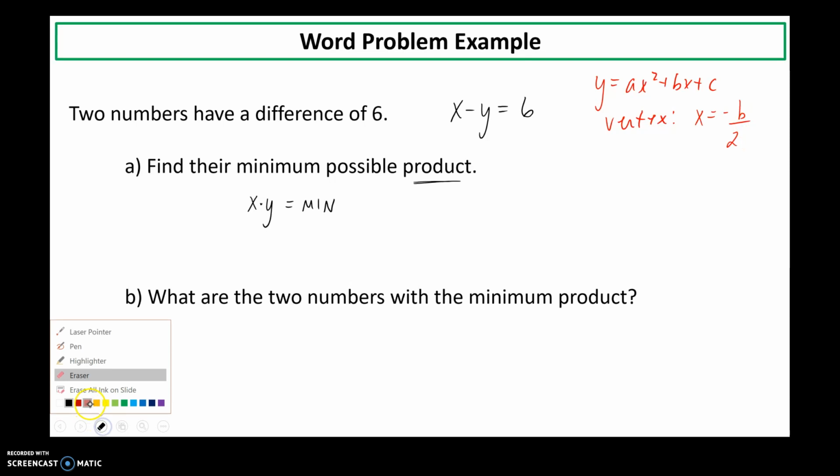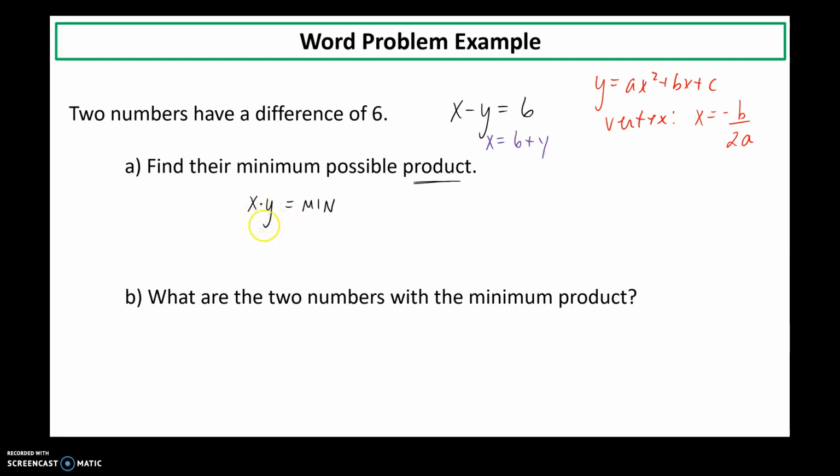So for this lesson, you got to be thinking, can I write a quadratic formula? Right now my product is not a quadratic, but I can get a quadratic by using this first piece of the given information. Here I have an equation that has x and y. I'm going to solve this equation for x by adding y to both sides.